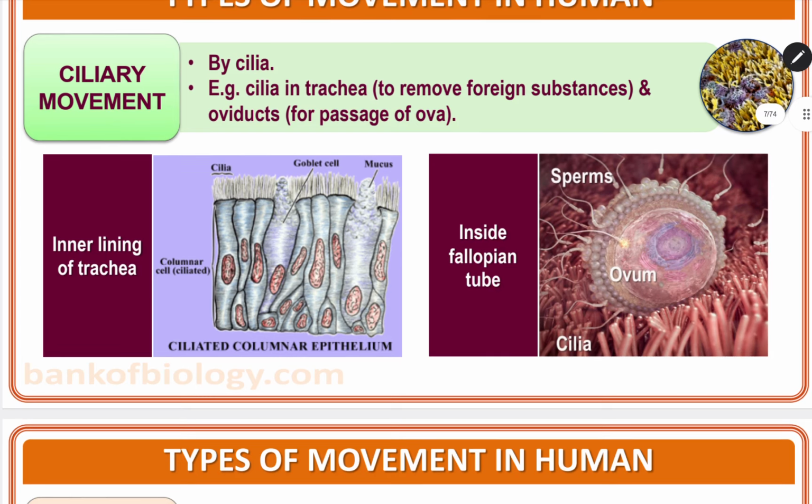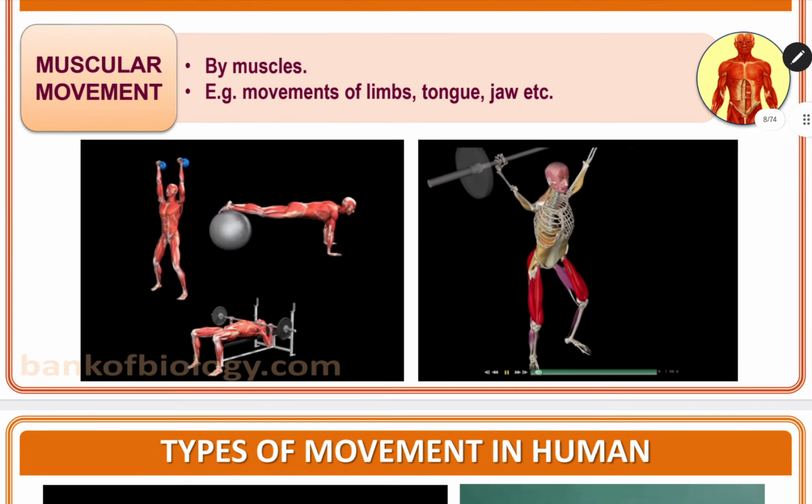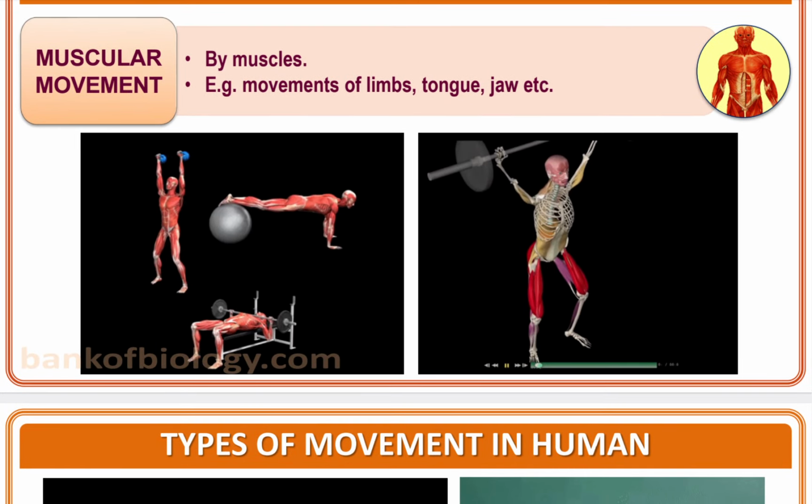Second is ciliary movement by cilia. Example, cilia in the trachea or windpipe, you can see, to remove foreign substances, and in the oviduct for the passage of ova. These are the cilia where the particular ova is easily carried out. And muscular movement by muscles.